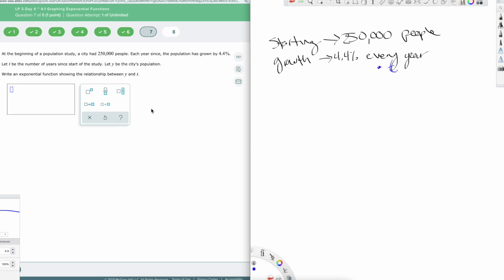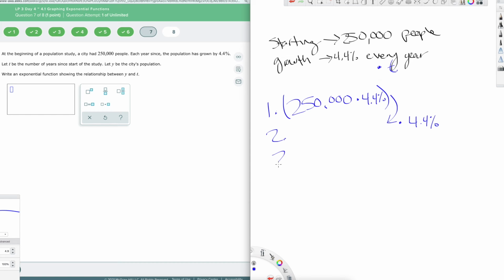What we want to make sure we understand is that every year it grows 4.4% from what it was before. So I'd have 250,000 times 4.4%. And that would be year number 1. Year number 2 would be this same amount times another 4.4%, because it's the previous year, and then we grow another 4.4%.